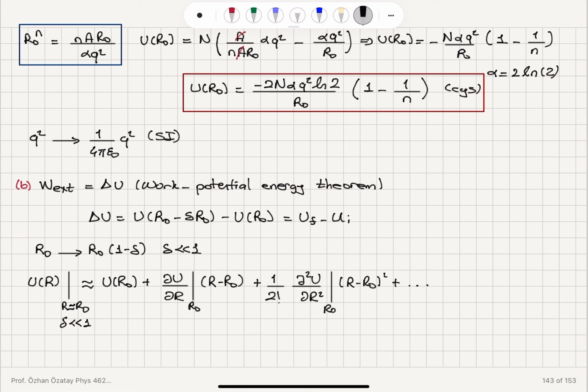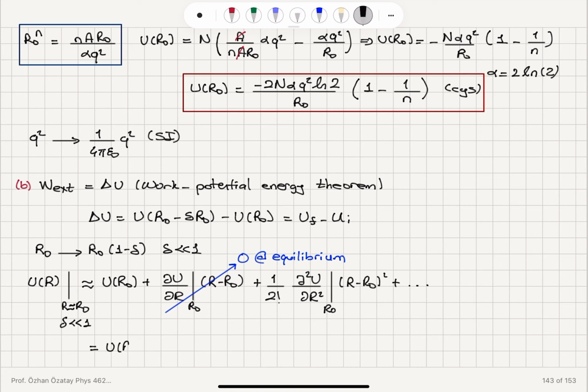So we can see that the first derivative term here is going to be equal to 0. Why? Because this is at equilibrium. At equilibrium, the first derivative of the potential with respect to R has to be 0. The force is 0.